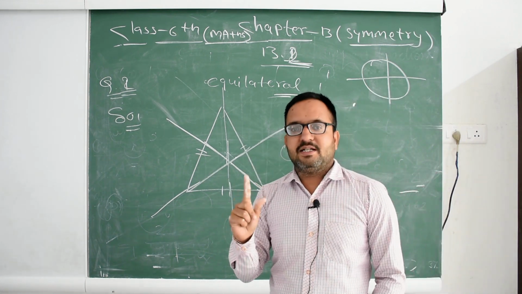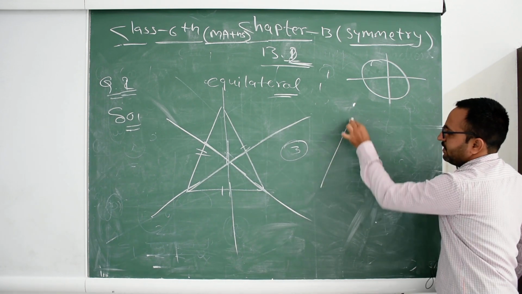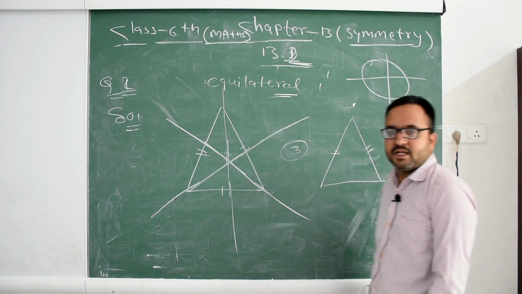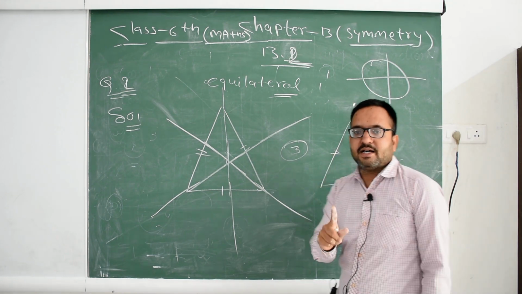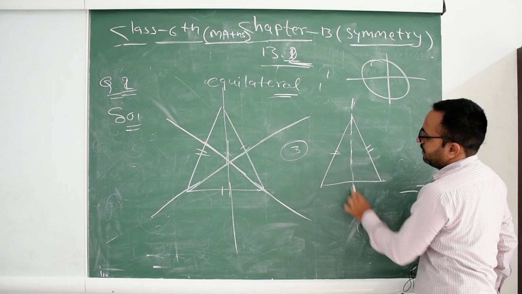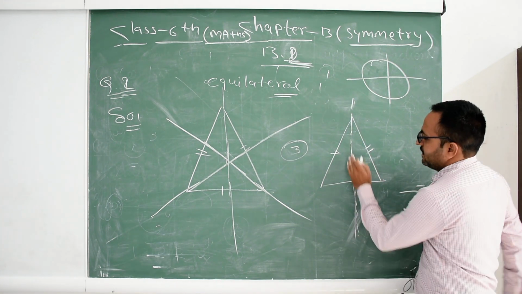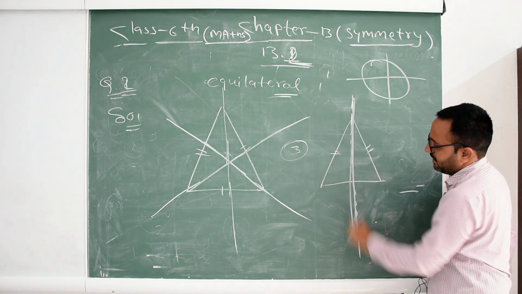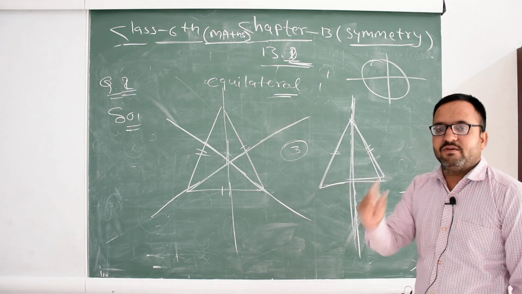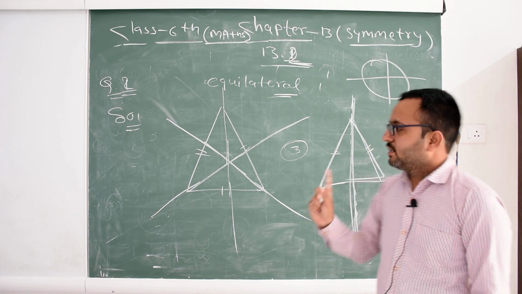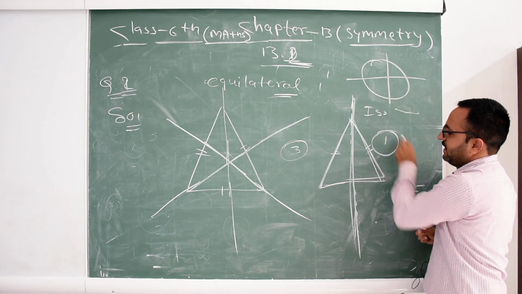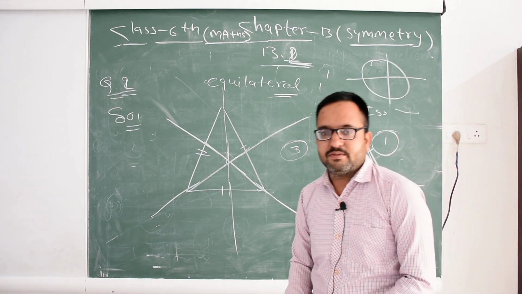But in an isosceles triangle we know that only two sides are equal. So we draw only a single line of symmetry. If we draw only a single line of symmetry, these parts are equal in size. Okay, so in an isosceles triangle we draw only a single line of symmetry.